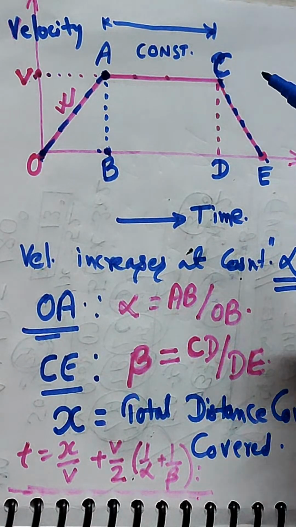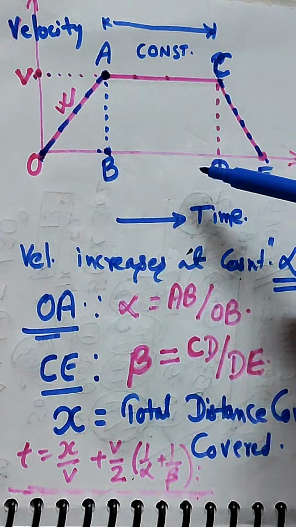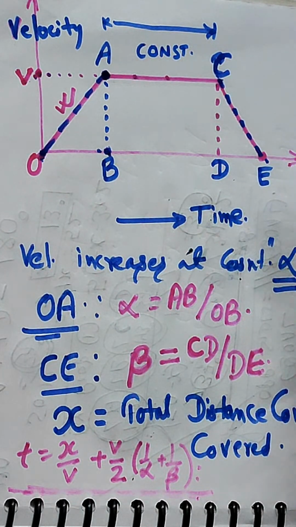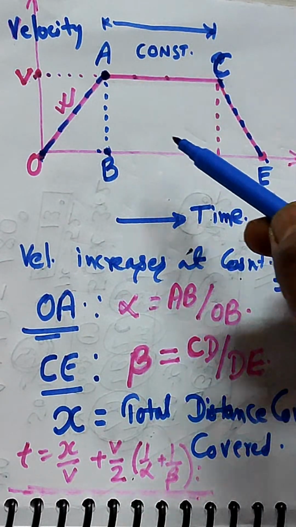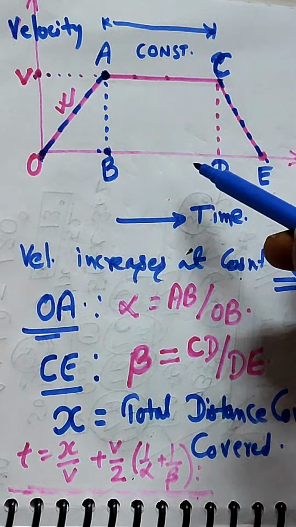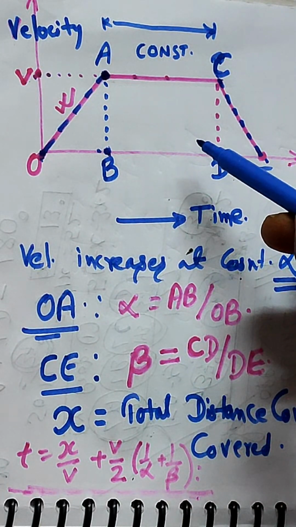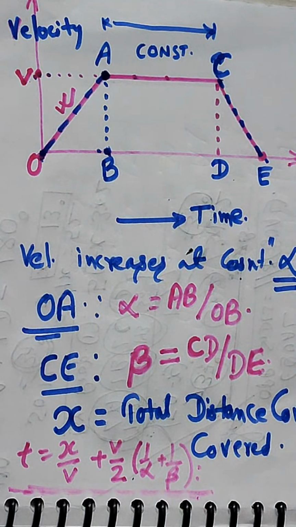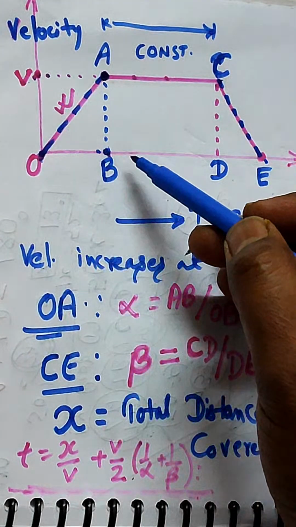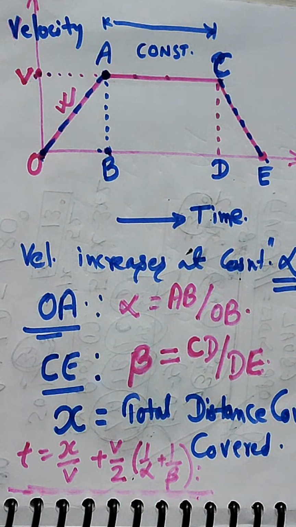Students, you know that this is a velocity time graph. For the velocity time graph, the area covered under the velocity time graph will give you the distance covered by the train, isn't it?